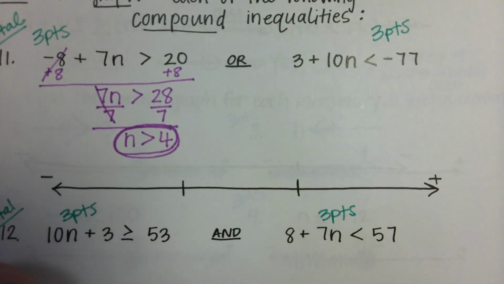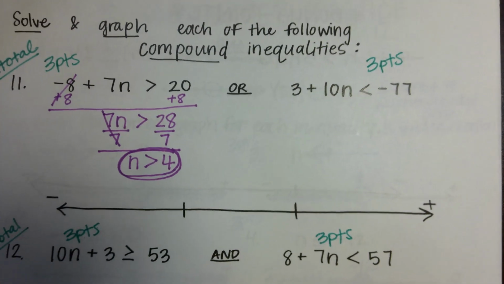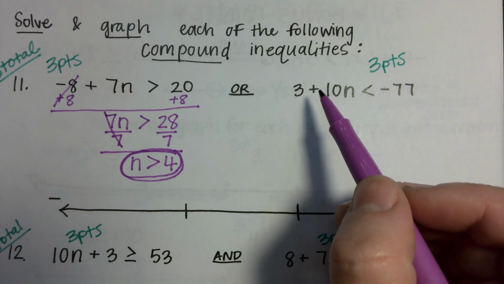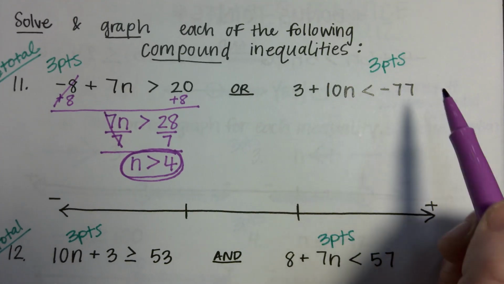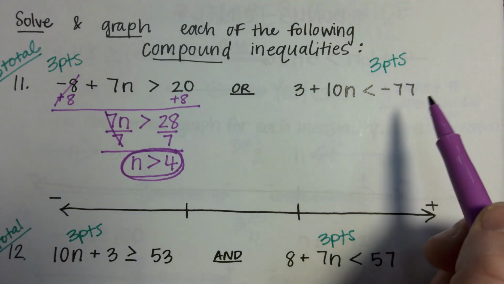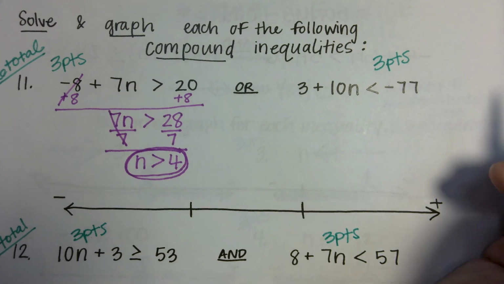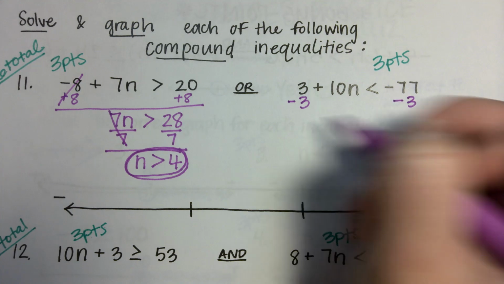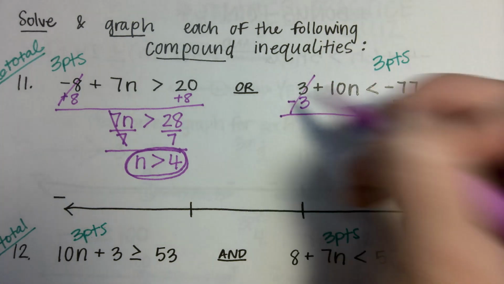Let's do the second half. We got n is greater than 4 for our first part of the compound inequality. Now I have 3 plus 10 times n is less than negative 77. What's my first step? Yes, subtract 3 on both sides.